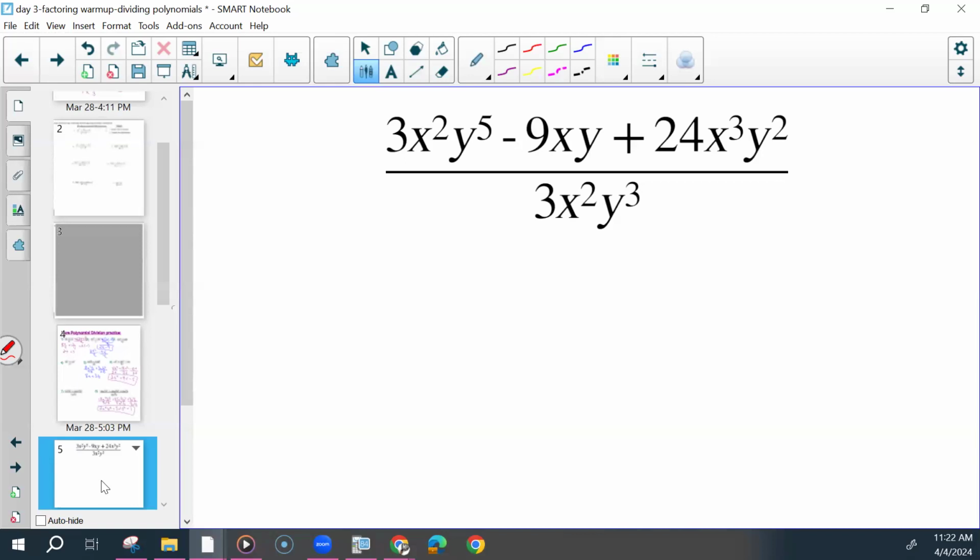So we're gonna do the GCF so you can see what happens and then see how you would have to solve it or simplify it. And then we'll separate so you can see how that would also work. So let's find the GCF of our numerator. What would that be?